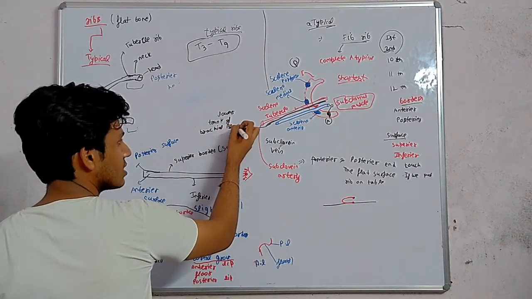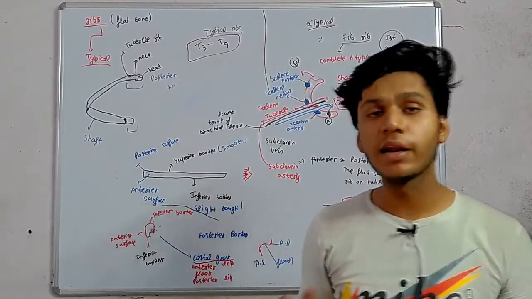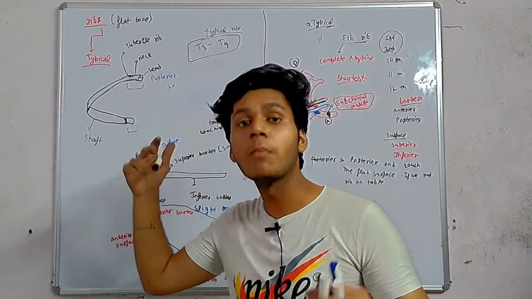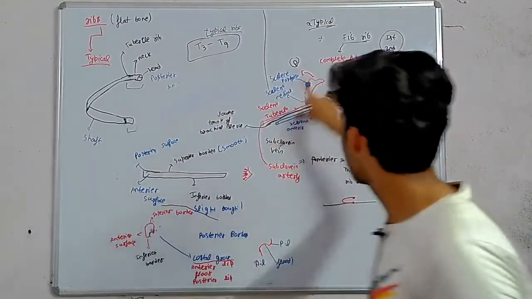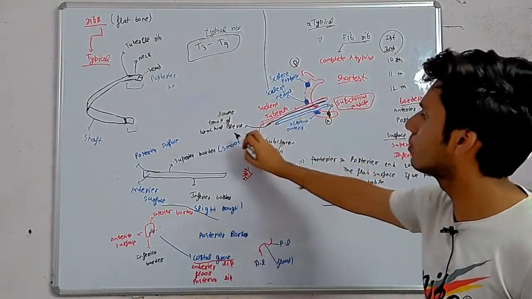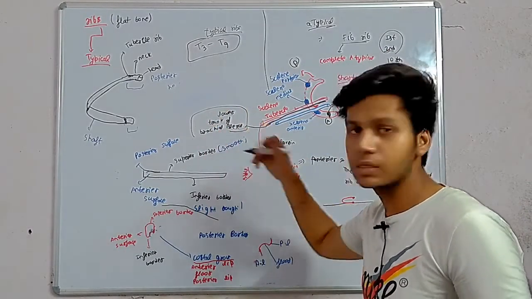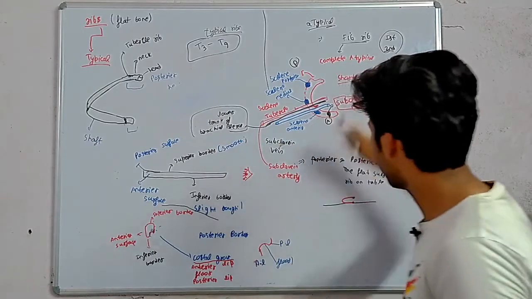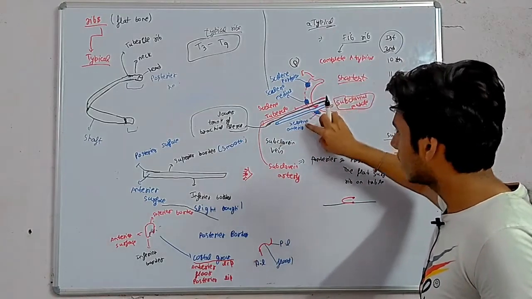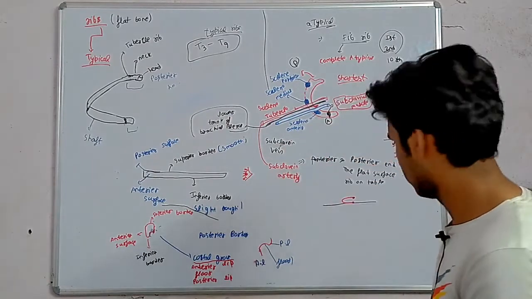We know the brachial plexus comes from the cervical and thoracic region, mainly cervical. So it has to pass through the muscles of the neck, the scalene muscles. The brachial plexus mainly passes between scalenus anterior and scalenus medius, like this.